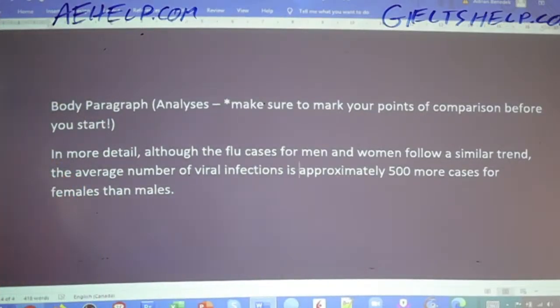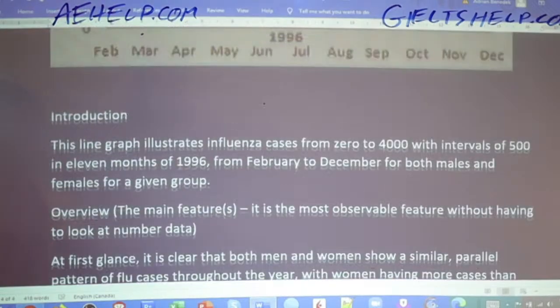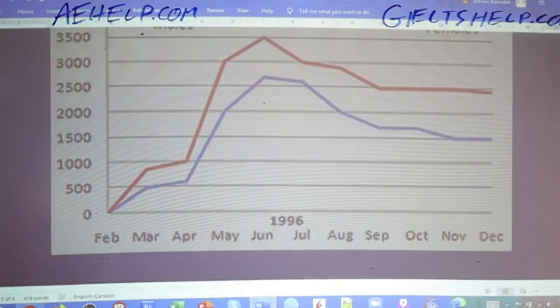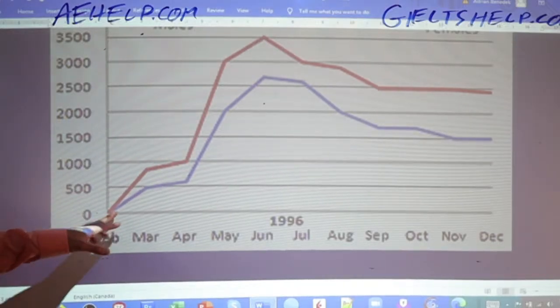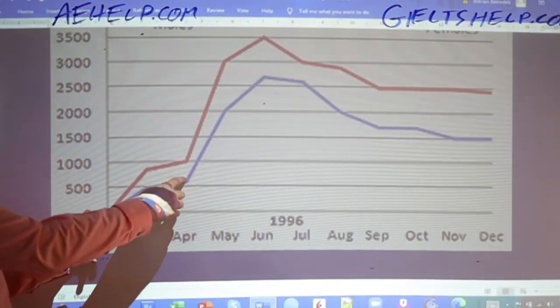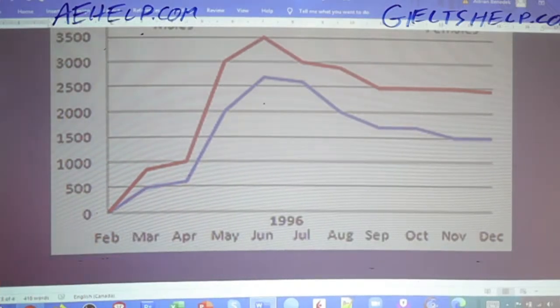Okay? All right. So now we look at the specific data for each month. Okay? So we're looking at this February to April segment. Okay? So let's talk about that. That's number 2.